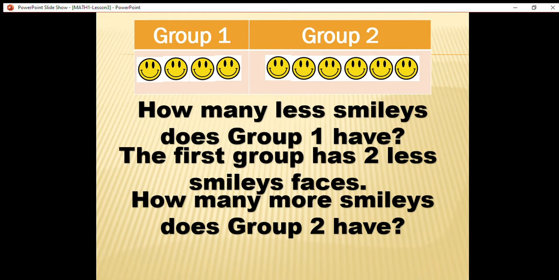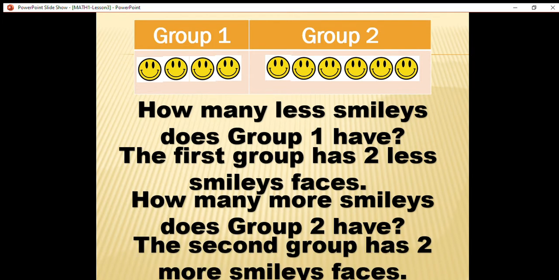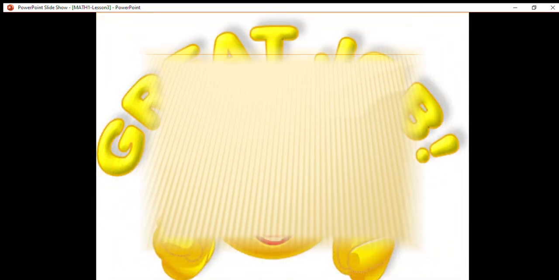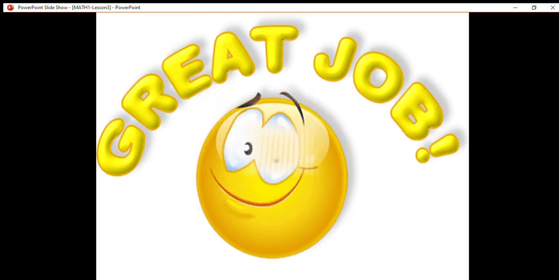How many more smiley faces does group 2 have? Okay, very good. The second group has 2 more smiley faces. Great job, you got the correct answer.